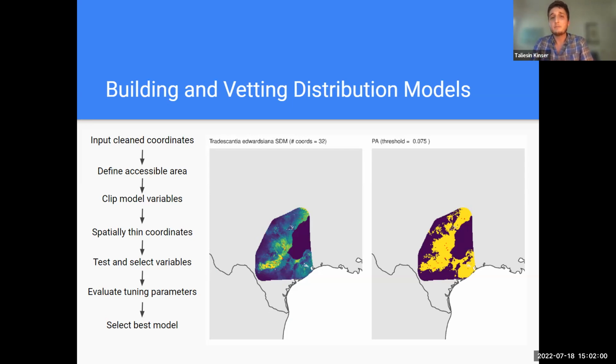In many cases, especially with very common species, there might be certain areas where there are a lot of coordinates, like maybe they're near a museum or something, and there's a lot of collection or sampling bias that might be happening here. So we can try to account for that. It also automates selecting the best performing underlying environmental variables to use, and then testing and fine tuning some of the parameters and selecting the best model.